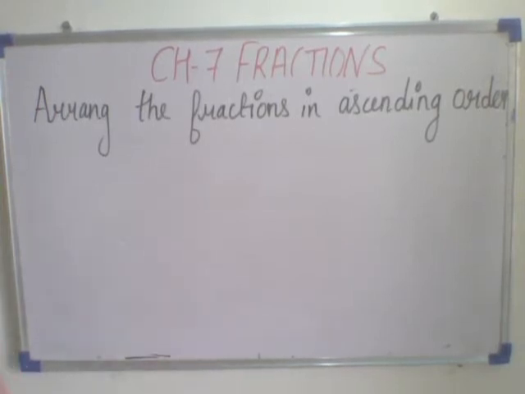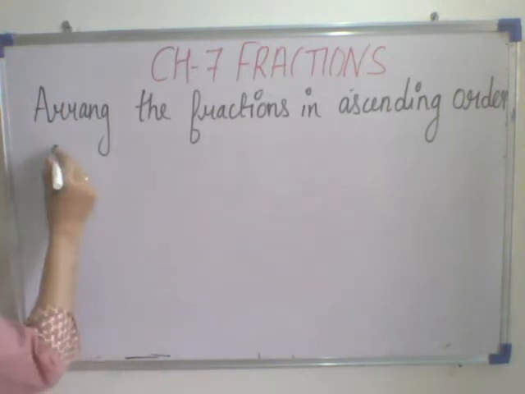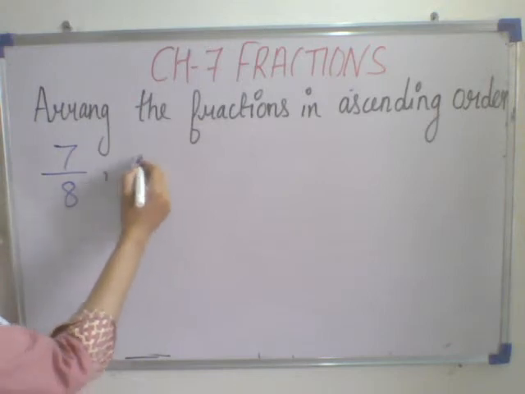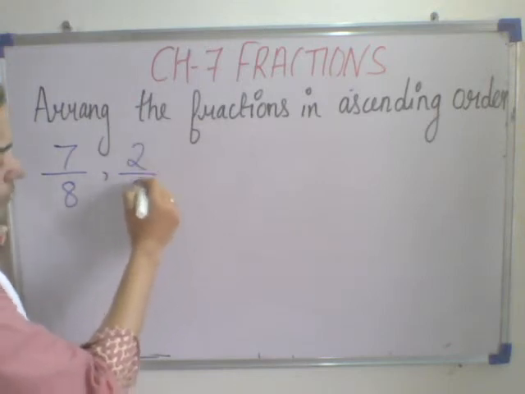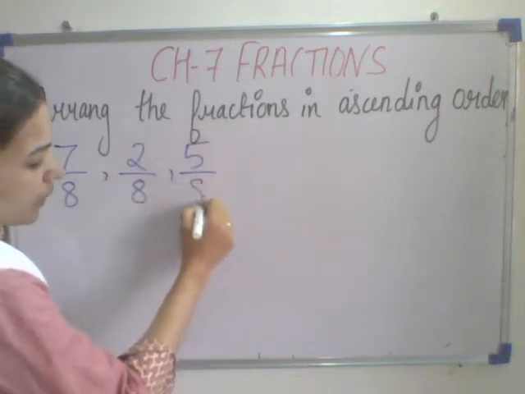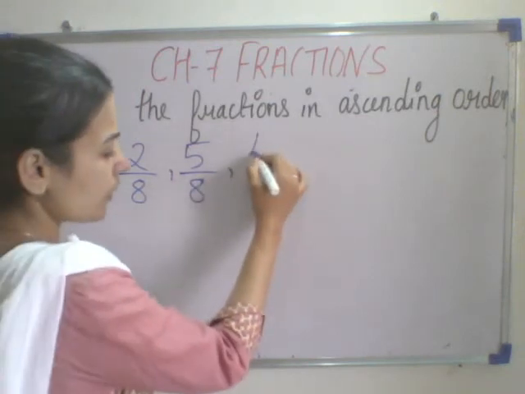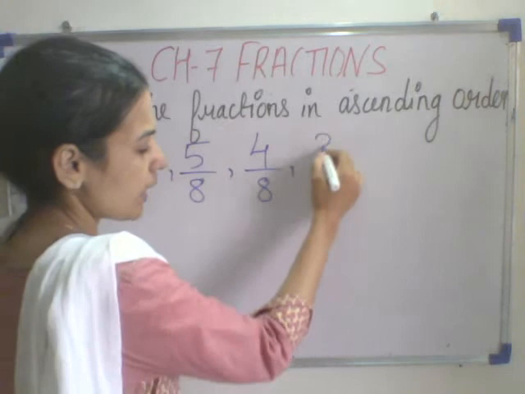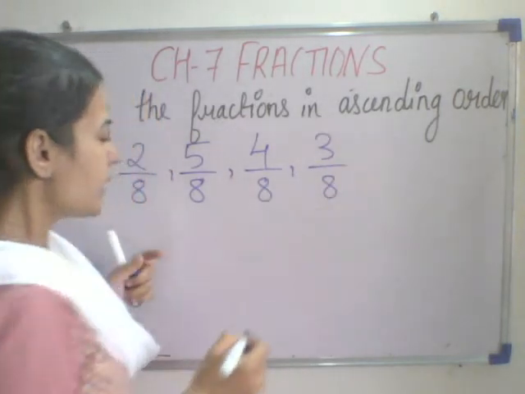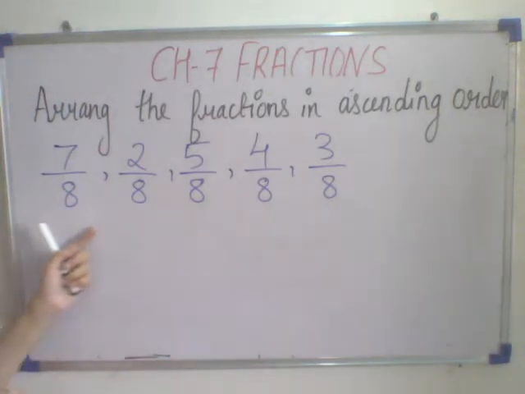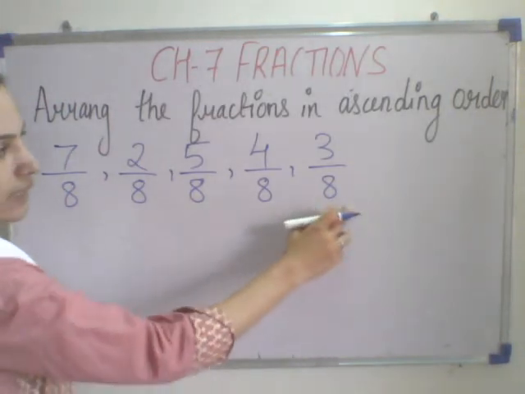I am writing the fractions: 7 upon 8, 2 upon 8, 5 upon 8, 4 upon 8, and 3 upon 8. Here you can see that all of these fractions have the same denominator, 8.